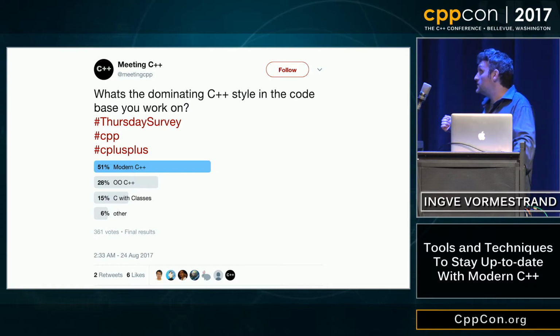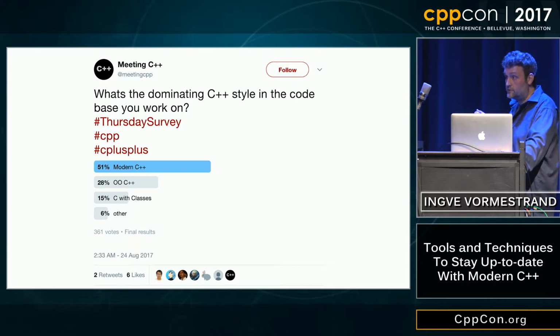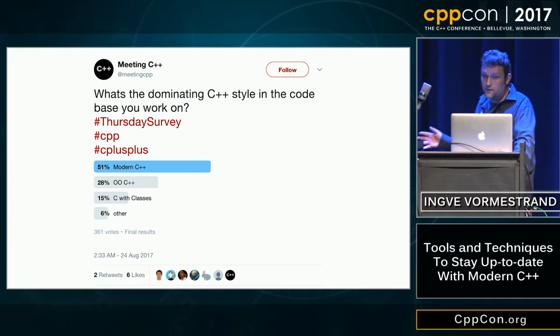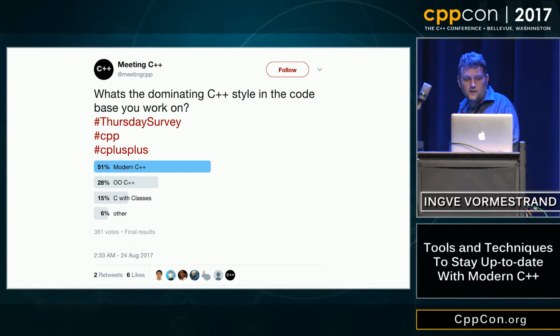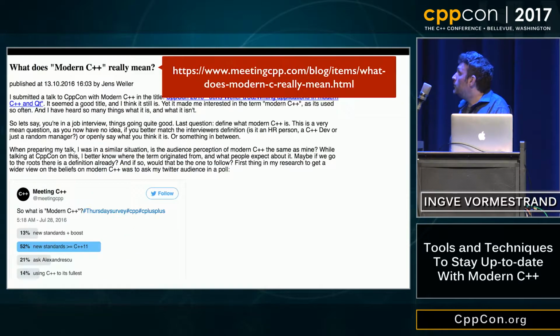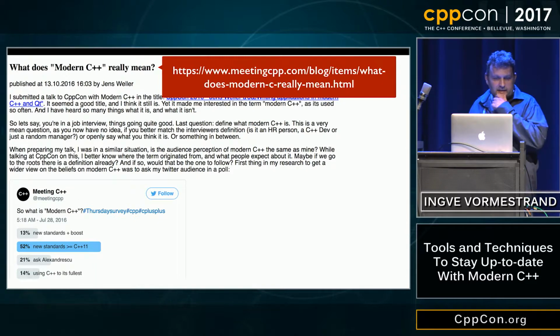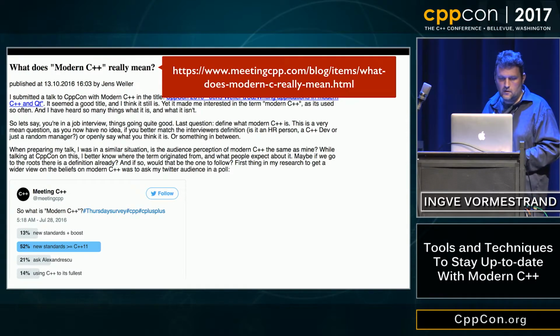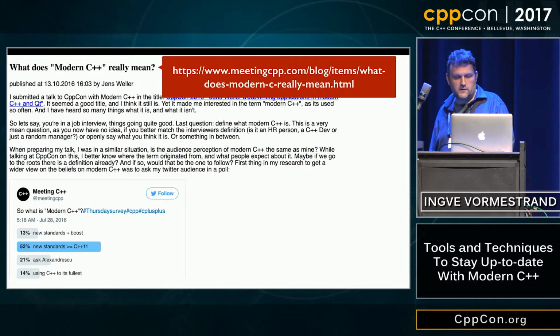And this is, of course, a majority of C++ users on Twitter. That is not representative of all the C++ users in the world, I think. But there was a follow-up. The link is up top there. And modern C++ seems to be a name for C++ written to C++11 and later standards. I don't know if you agree with that, but it's a useful definition.